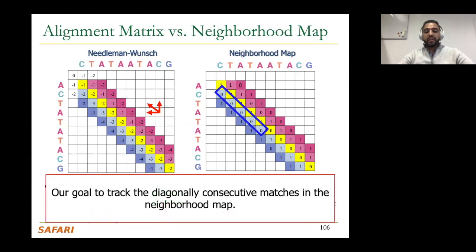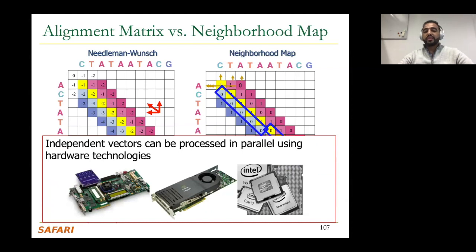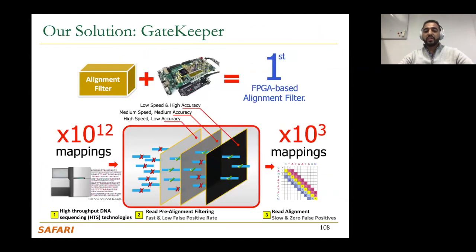All right, so after having no data dependency at all, you can accelerate it using SIMD, GPU, FPGA, or any hardware accelerators. And this is the first work that designs pre-alignment filtering on FPGA, where we have these reads coming from the sequencer. You query the hash table, then you get some candidates for pre-alignment filtering, then you reduce really the workload significantly for the dynamic programming.